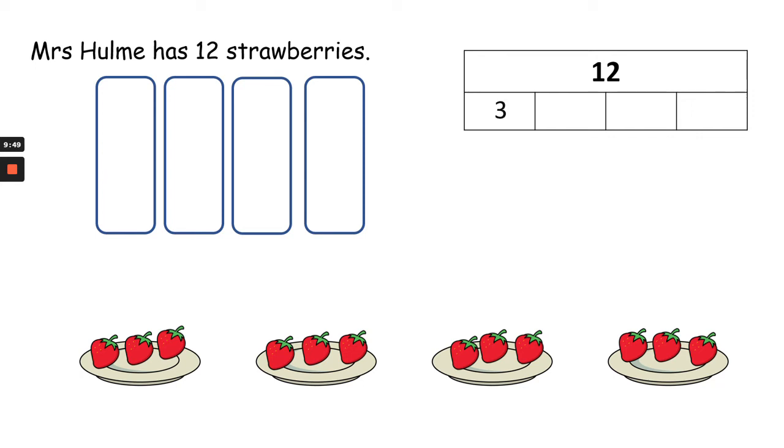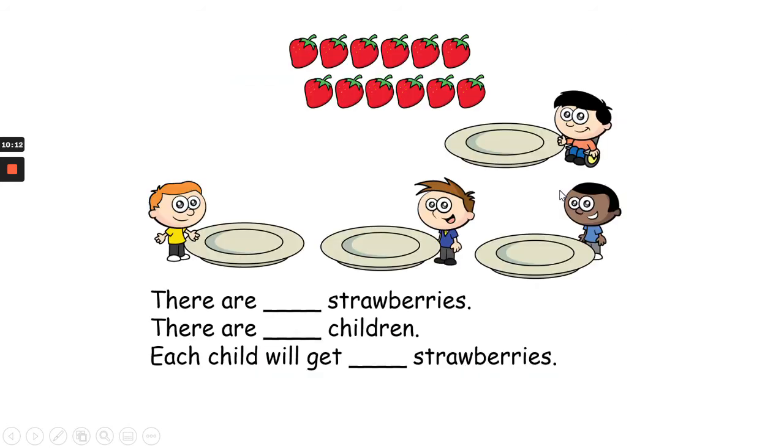And my bar model will show that 12 divided by 4, because I have 4 boxes and 4 plates, there are 3 on each plate, so I need 3 in each box of my bar model. And if we added 3, add 3, add 3, add 3, we would know it would add to 12. Well done.